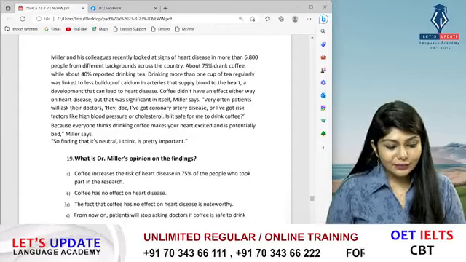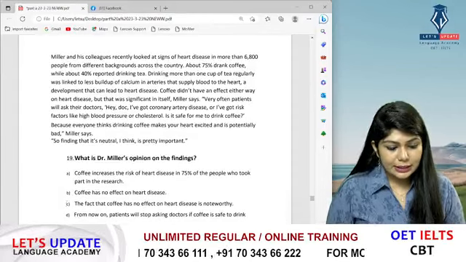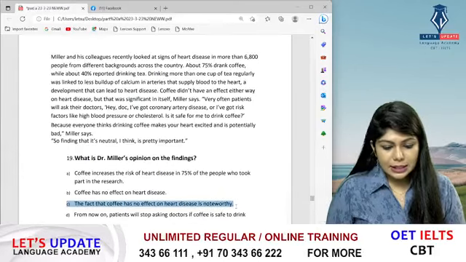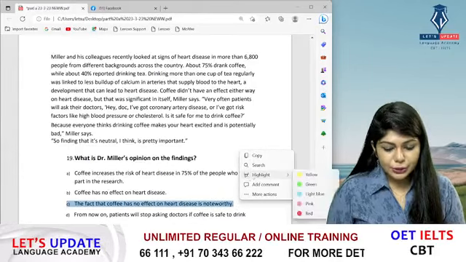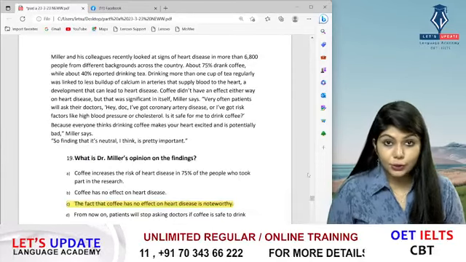The correct answer for this question is C. The fact that coffee has no effect on heart disease is noteworthy.